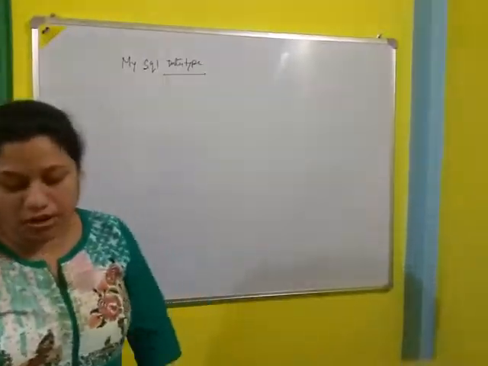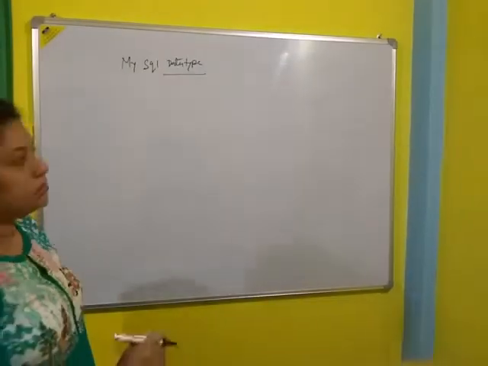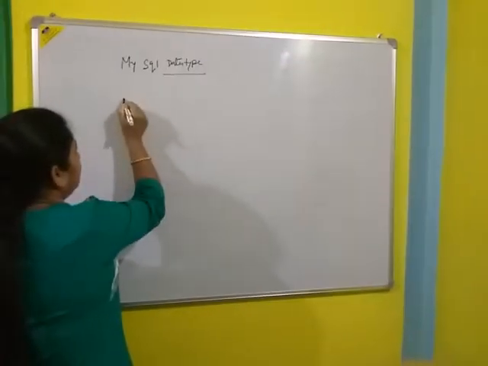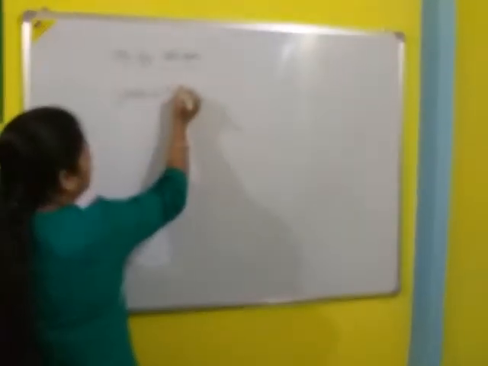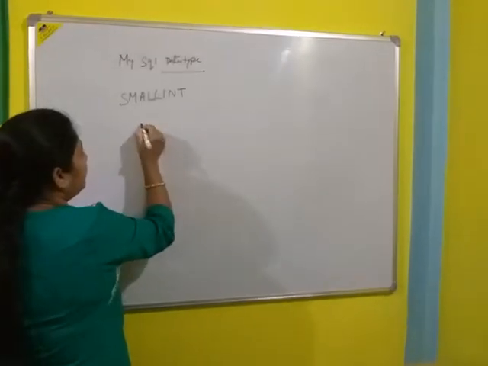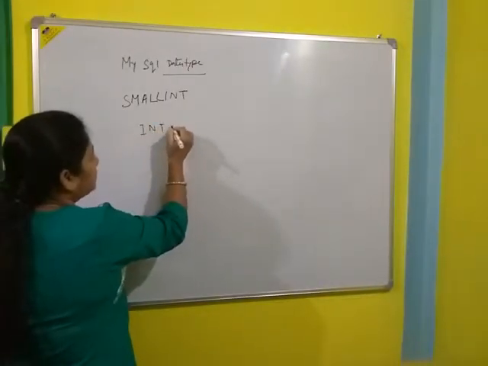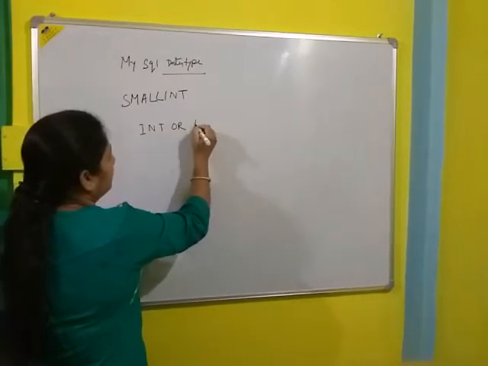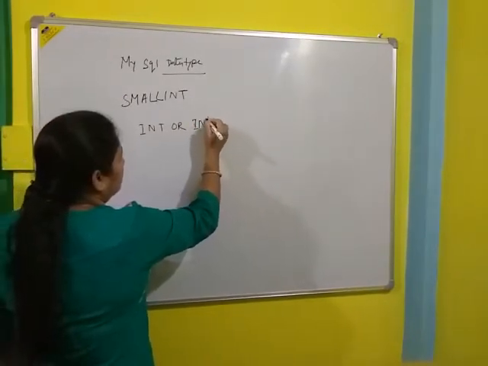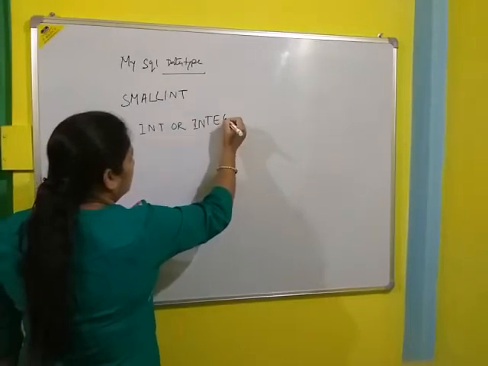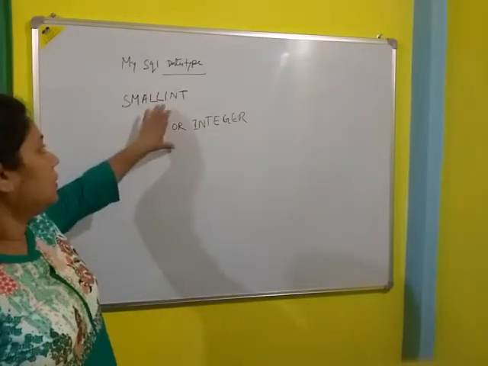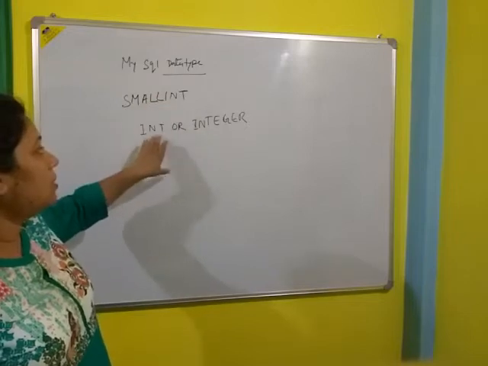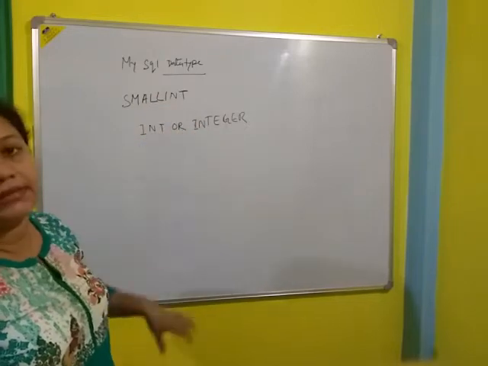First of all, the first data type that we use is small int or integer.